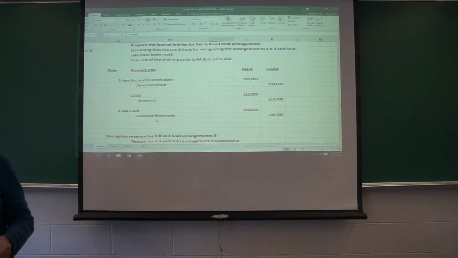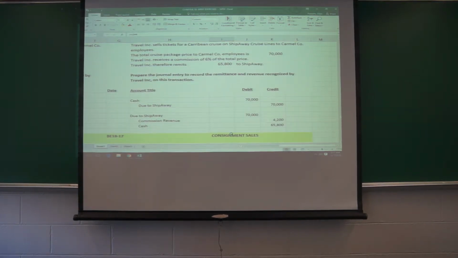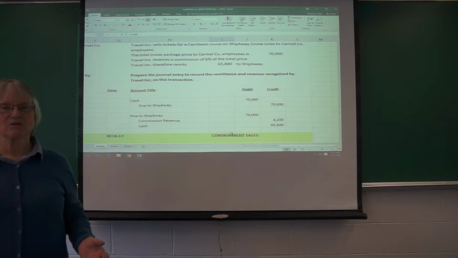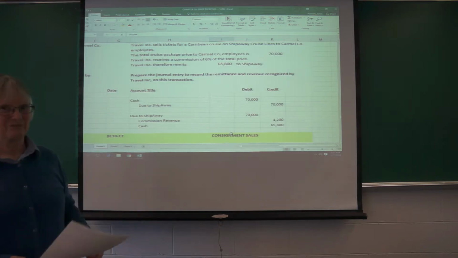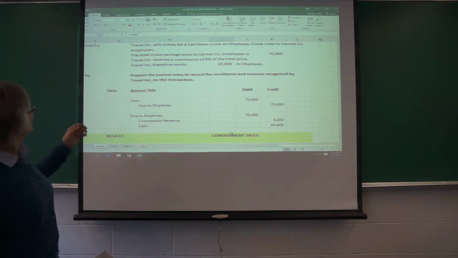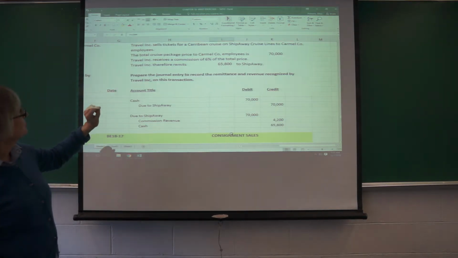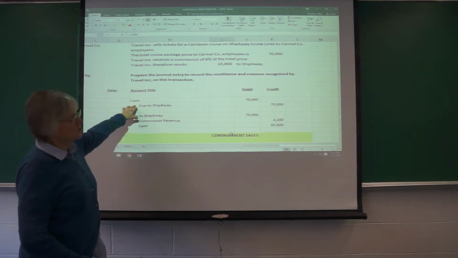Okay, principal agent, this is 16. The main thing to keep in mind is that the agent only books the commission revenue. They do not book the total revenue. Companies have done that and gotten in trouble, which is why they go to the trouble of telling you this. So travel agents, Travel Inc. is the agent, Caribbean Cruise is the principal, but it's Travel Inc. that gets all the money.